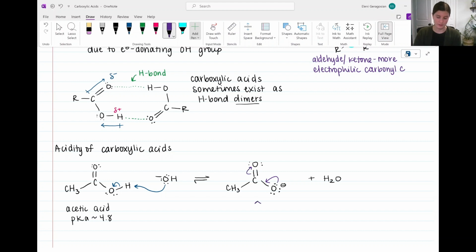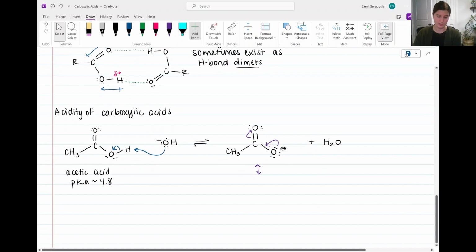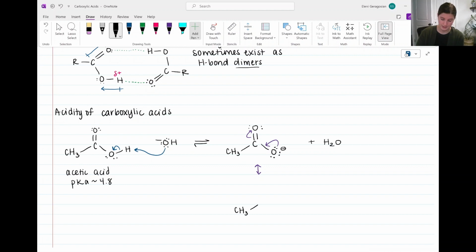And so we have resonance structures here. We may have even used this molecule as an example in the past to discuss why this acid is a relatively strong acid, and that's because the conjugate base is resonance stabilized.